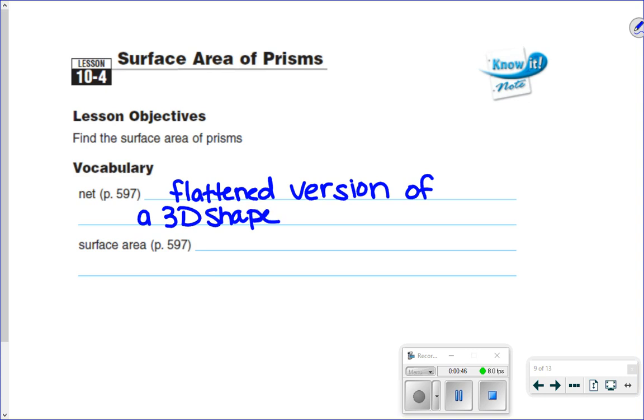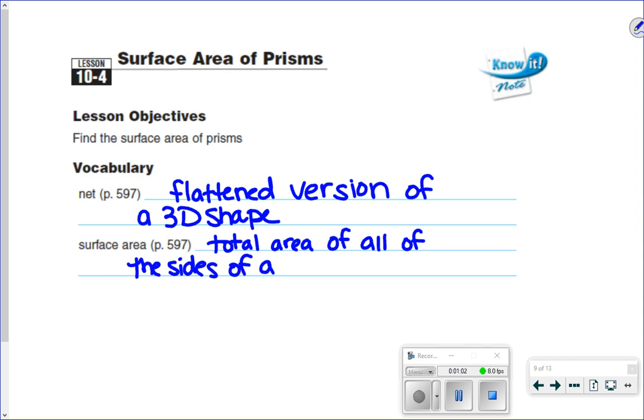Surface area means the total area of all of the sides of a 3D shape. And today we're just focusing on surface area for prisms.